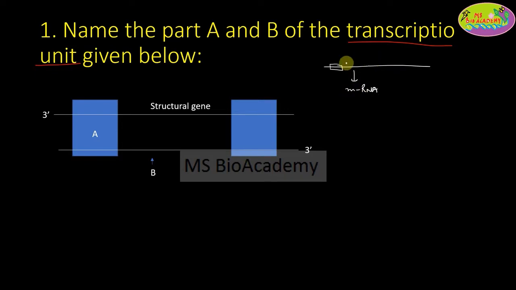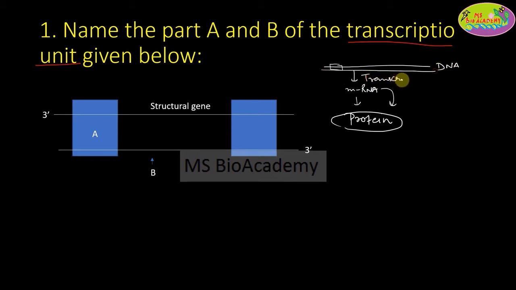We know that whatever protein needs to be formed, it is formed when a specific mRNA is generated, and mRNA is formed from the DNA by means of the transcription process.